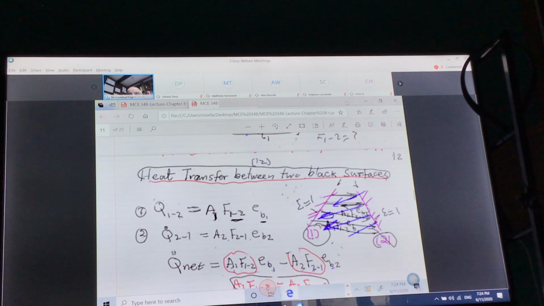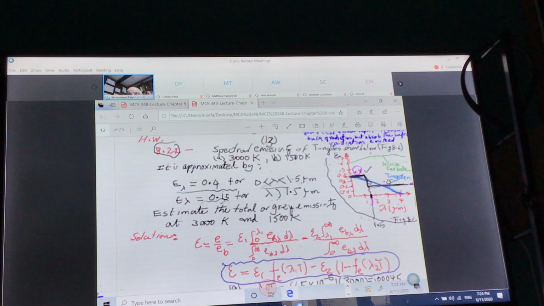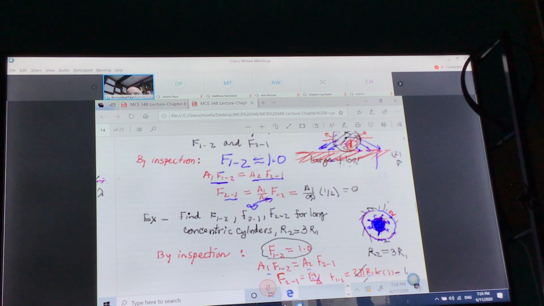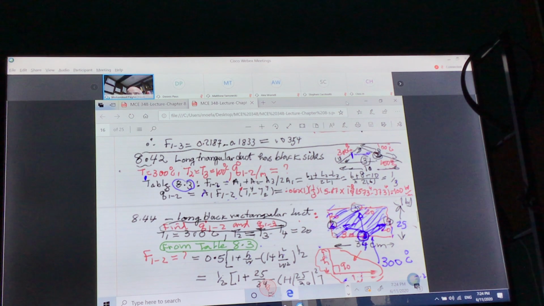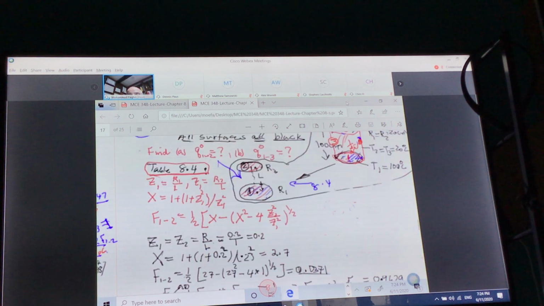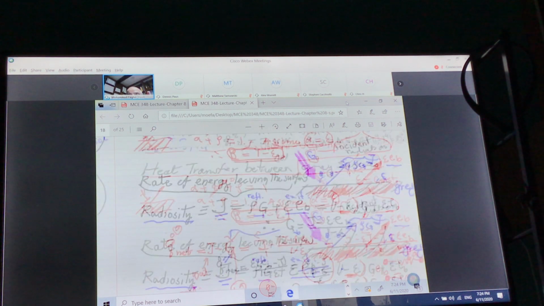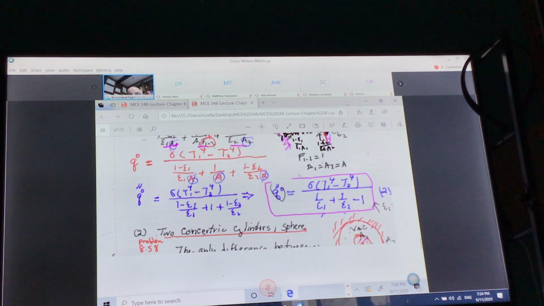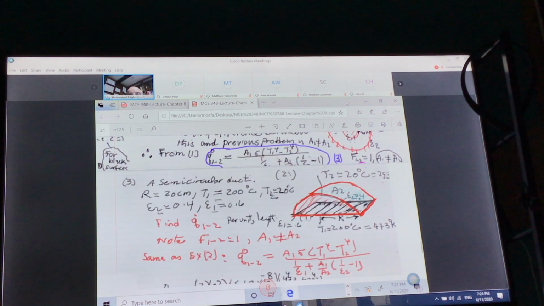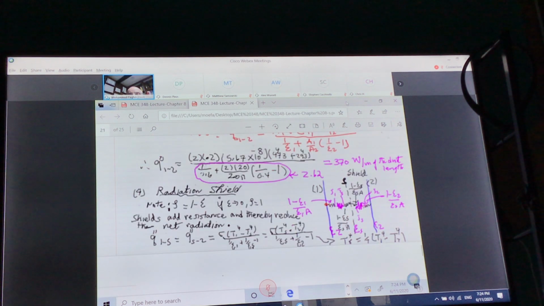I made this so that you have it before the weekend. Chapter 8 is new, but it's not that bad. I tell you what problems you are responsible for. It's a little bit more complicated than the previous chapter. The electrical analogy is important.